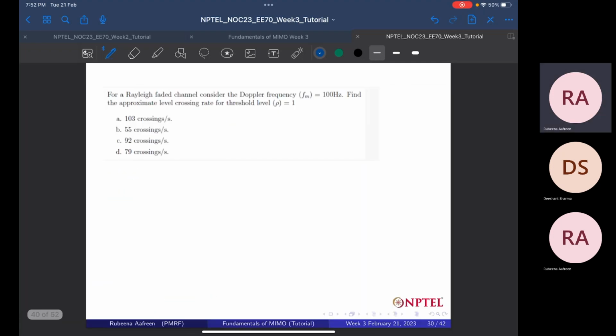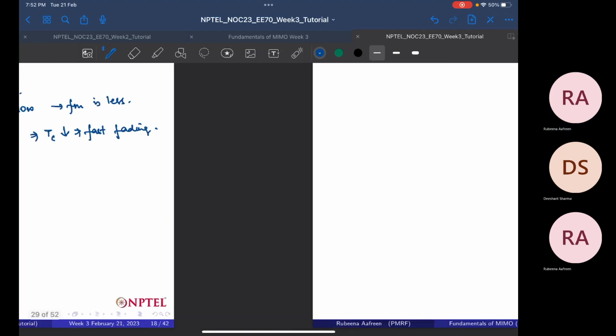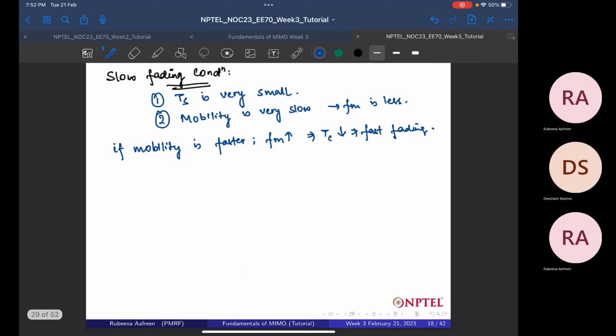Okay, some more concepts we will discuss before we conclude. So till now we have seen the fast fading and the slow fading scenarios.